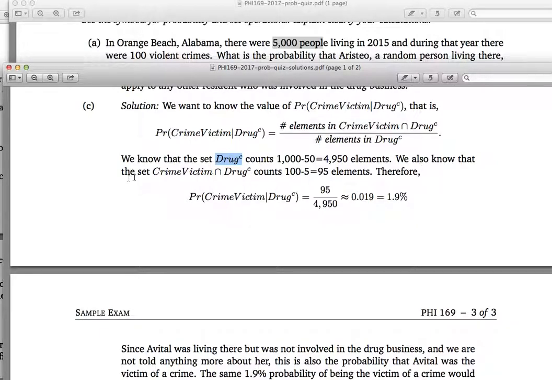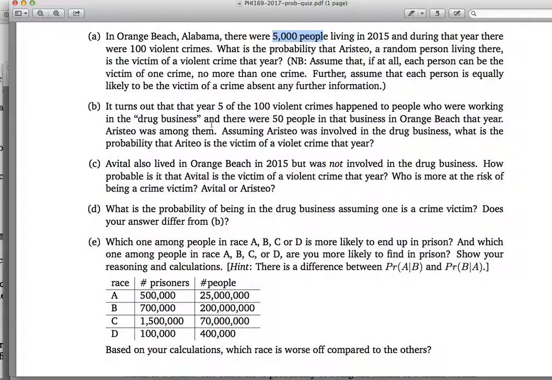Now, how many people are in the set crime victim intersection drug complement? This is the set that consists of all crime victims that are not in the drug business. And we were told from question B that it turns out that year that of the 100 violent crimes, 5 happened to people in the drug business.